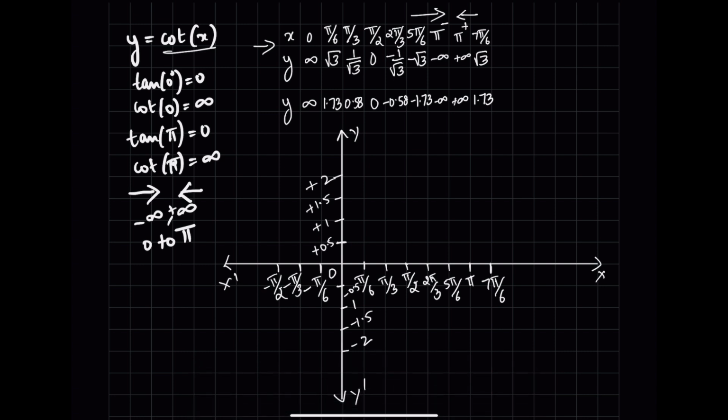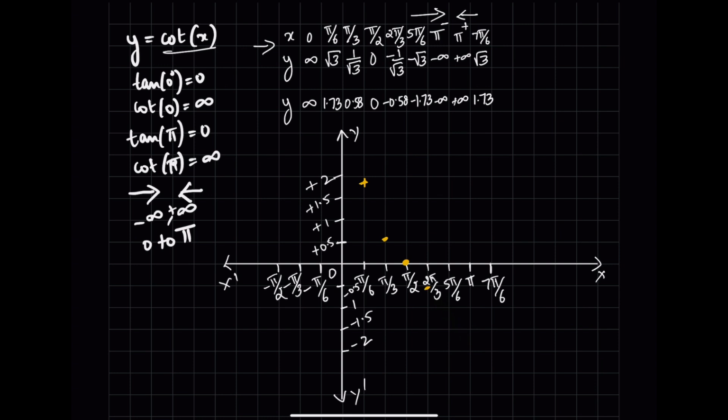At pi by 3, we have 1.73 as the value, so it would be somewhere here, this point. And at pi by 6, at 60 degrees, we have 0.58. So that would be somewhere here. And at pi by 2, it is 0. And at 2 pi by 3, it is minus 0.58, so it would be very close to this point.